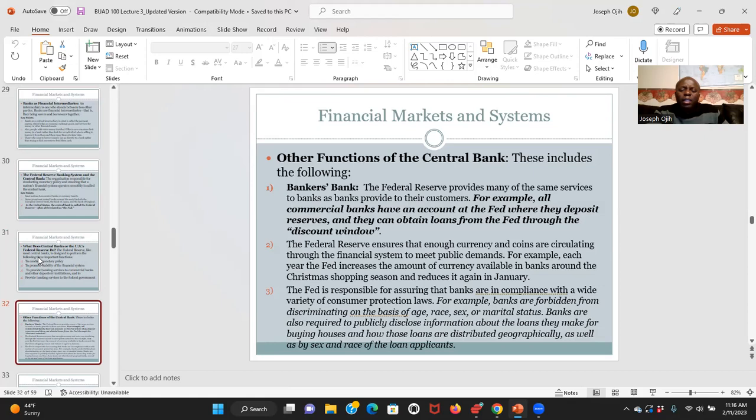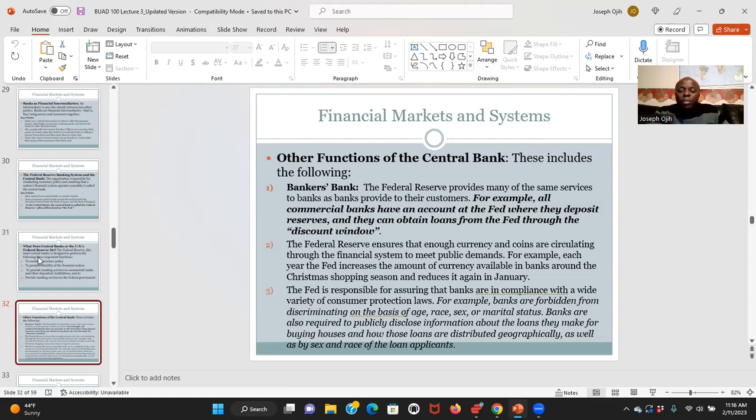Another one is that the Federal Reserve, which is the central bank for the US, ensures that enough currency and coins are circulating through the financial system to meet public demands. Then the third one is that they are responsible for making sure that banks are in compliance with all the consumer protection laws.